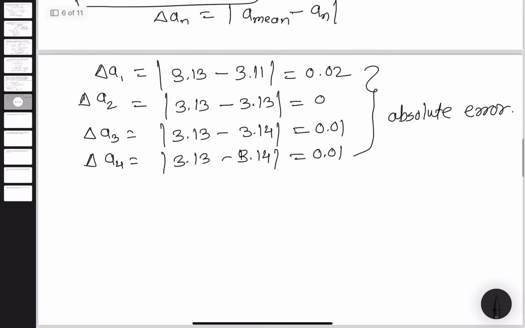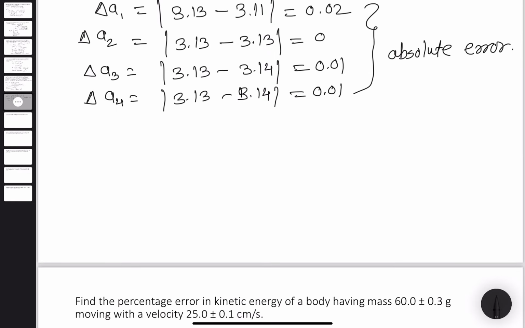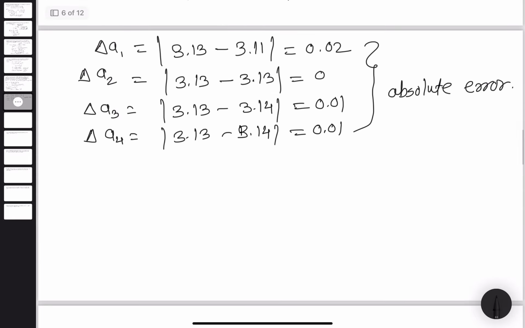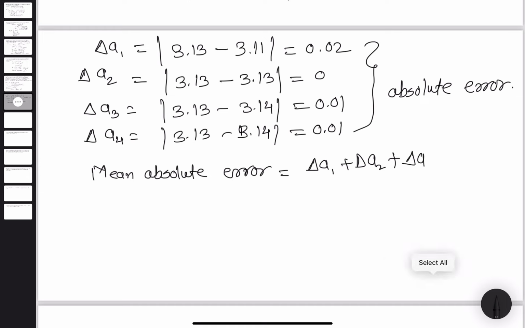Next we will calculate the mean absolute error. For that we have the formula: mean absolute error is equal to delta a1 plus delta a2 plus delta a3 plus delta a4 divided by 4.